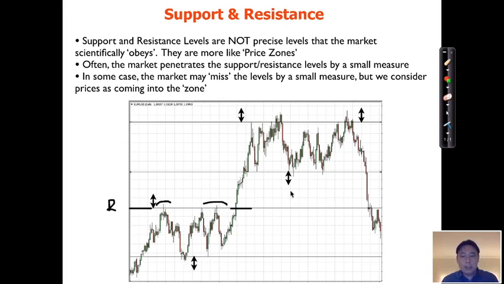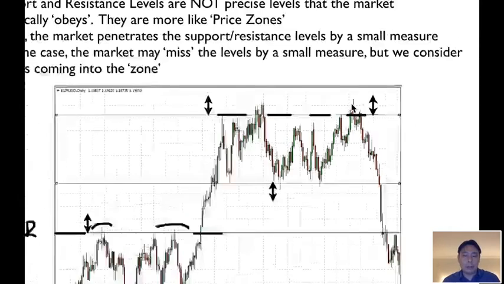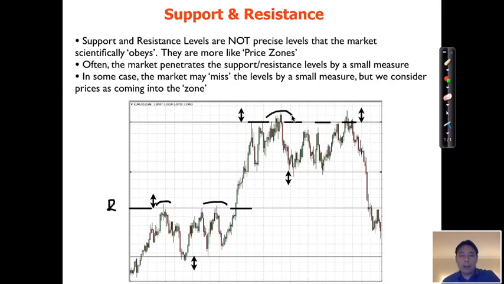Similarly, again, this is a resistance, and the price touched the resistance and went above it for a while, came back down, above, came back down. So it's kind of like a fence where it will sometimes go beyond the fence, and the fence will then push it back down again. So it's not a precise level.